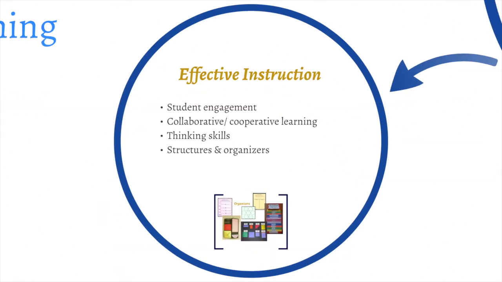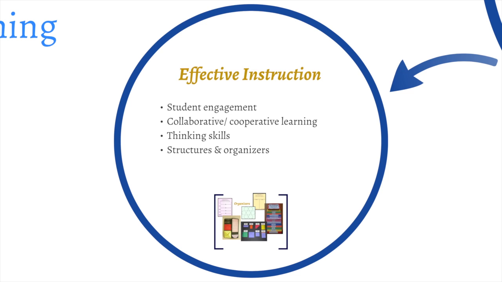So let's move on to the component of instruction. Effective instruction is focused on student engagement, not focused on the old historic model where the teacher stands in front and students are passive, but different strategies to help students become engaged in the learning process. Teachers will build strong collaborative and cooperative learning activities throughout and will focus on thinking skills.